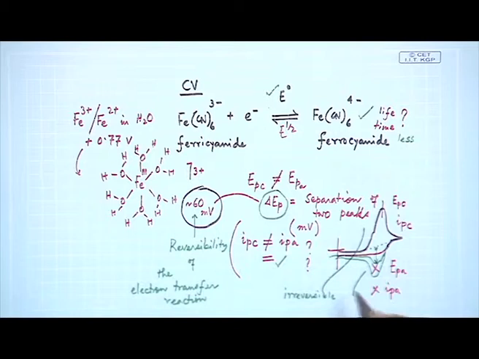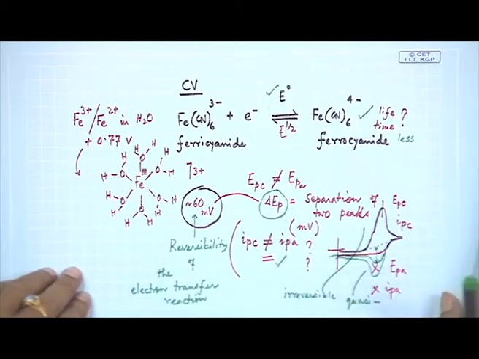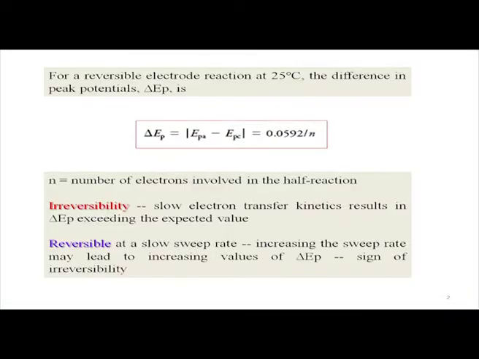These are all quasi reversible processes. So, we have the reversible process, the quasi reversible process, and the typical irreversible process. Thus we find a cyclic voltammogram having a reversible signature and an irreversible signature.